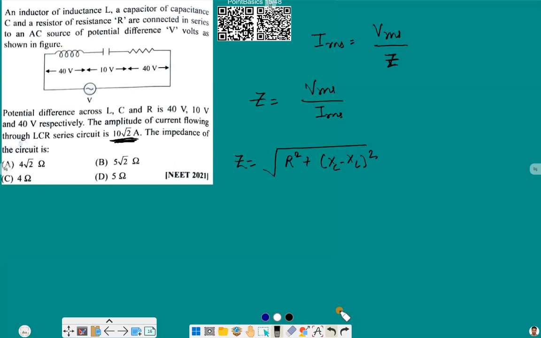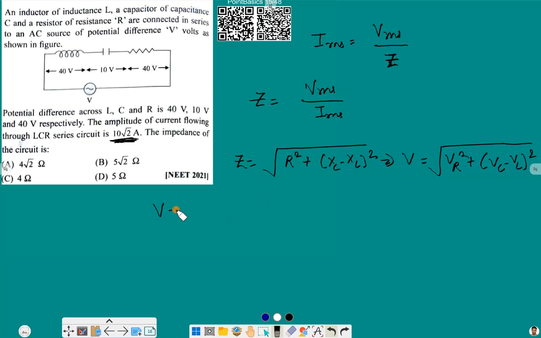Similarly, if we multiply this with current, then we can form the equation that potential is given by under root VR square plus VC minus VL square. So this is the net potential of the circuit.